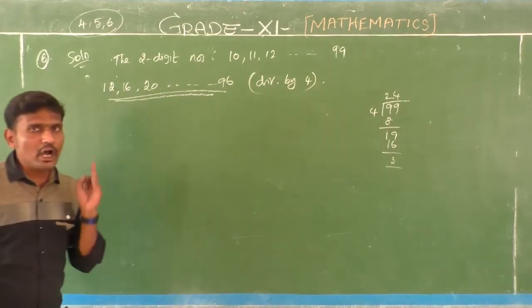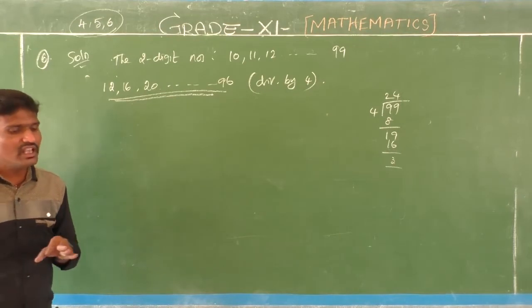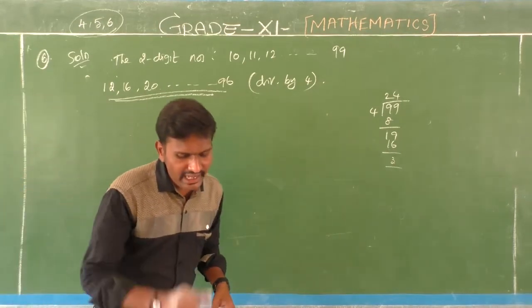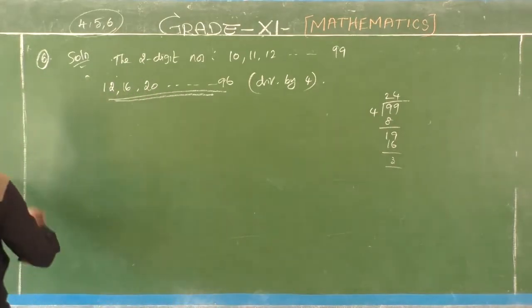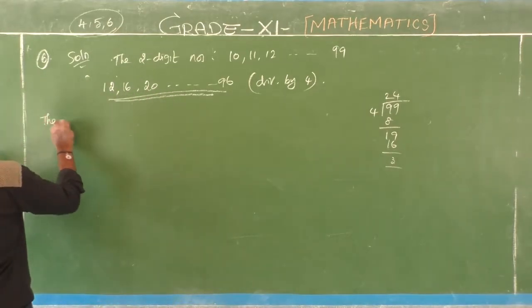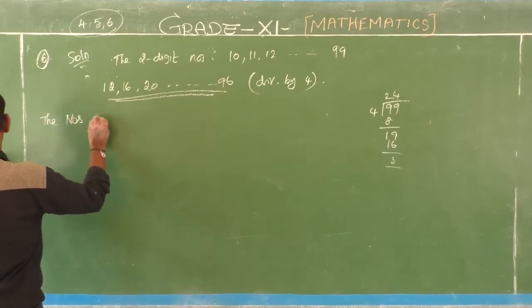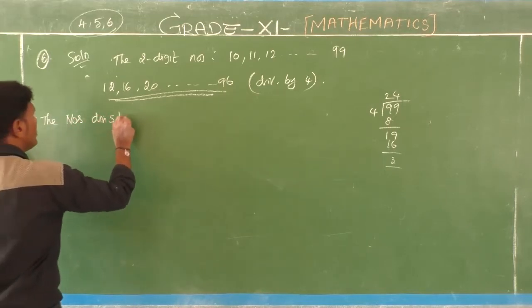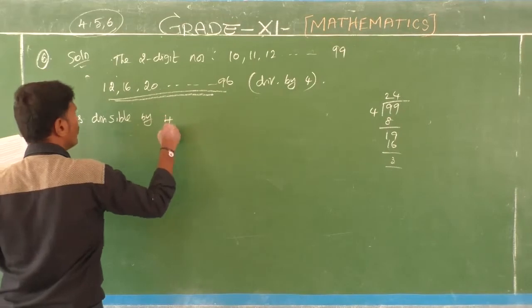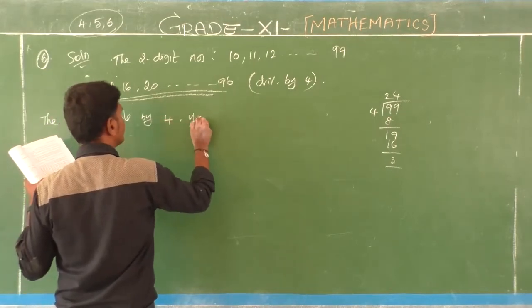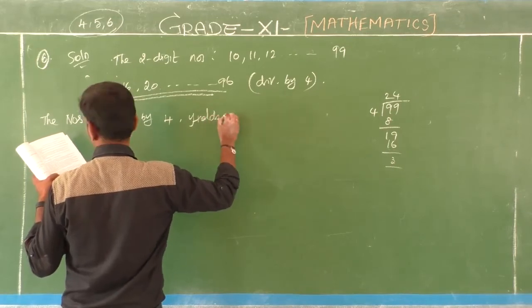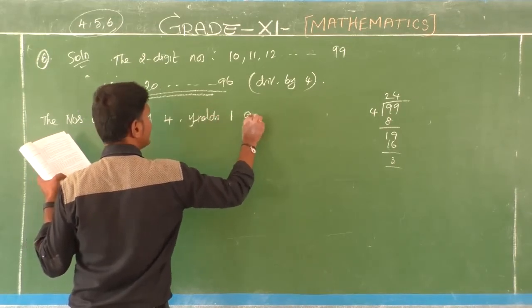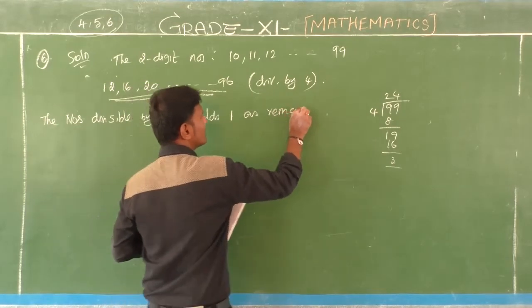Now we are going to take the numbers which are divisible by 4 and yield 1 as a remainder. So I am writing it. See, the numbers that are divisible by 4 and yield 1 as remainder.